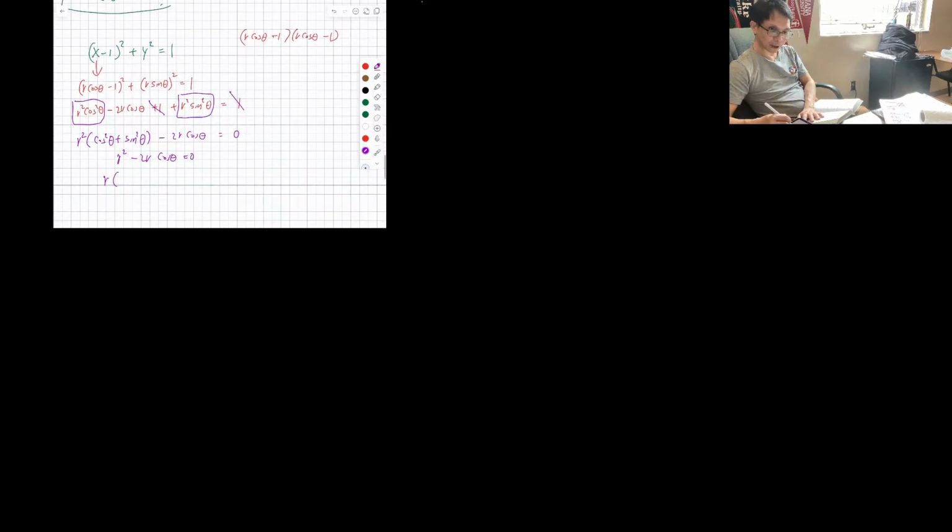Can I take that and factor out? It becomes cosine squared plus sine squared. This becomes r squared minus 2r cosine theta. So you factor out r, that's going to be r times r minus 2 cosine theta. So first it's going to be r equal to 0. Second is going to be r equal to 2 cosine theta.